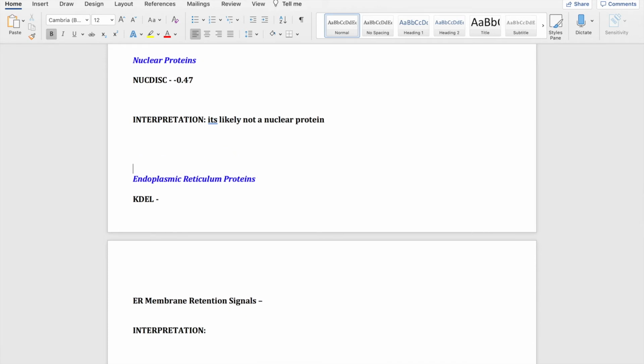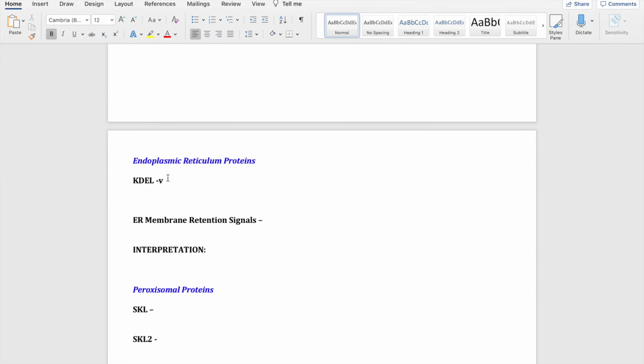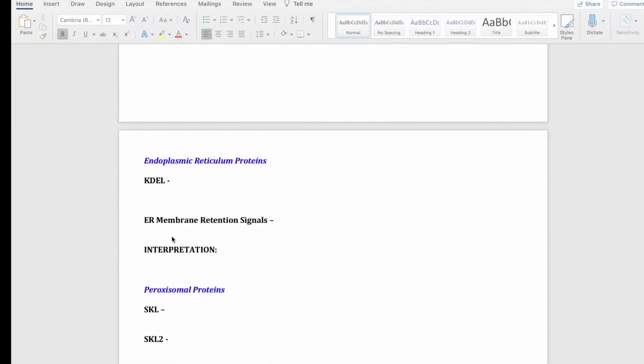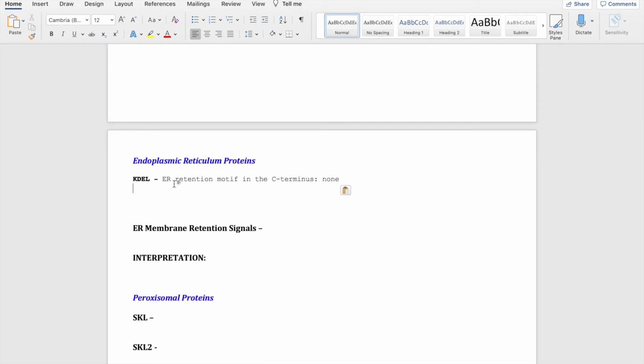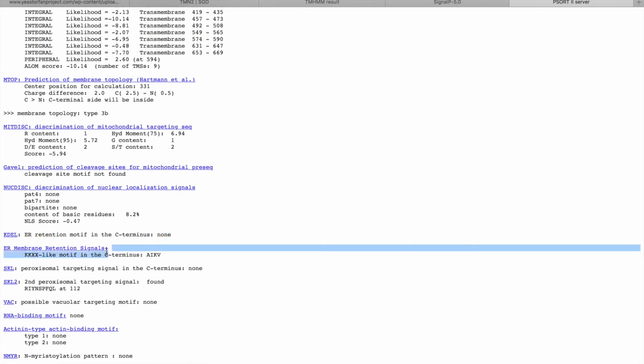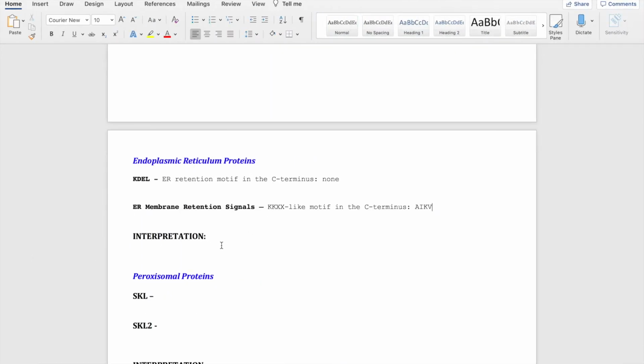And now onto the endoplasmic reticulum proteins. We're going to get the KDEL information. And that says the ER retention motif in the C-terminus is none. And the KDEL represents ER membrane retention signals. So for the specific ER membrane retention signals, we have this XXKK motif, which is a dilysine motif, and it's a motif that exists near the C-termini of type 1a proteins.